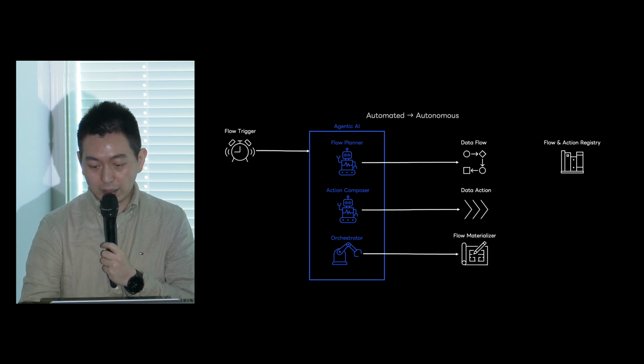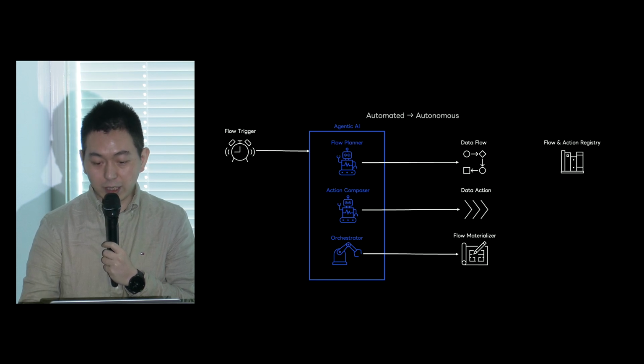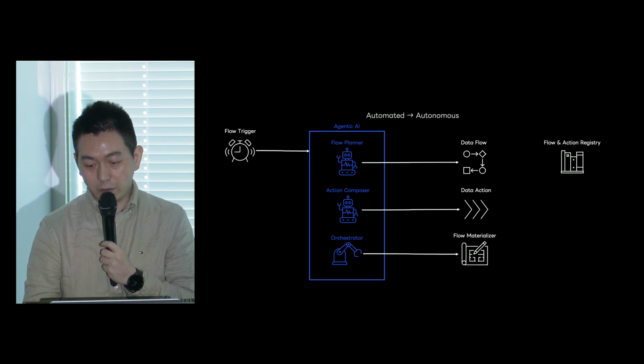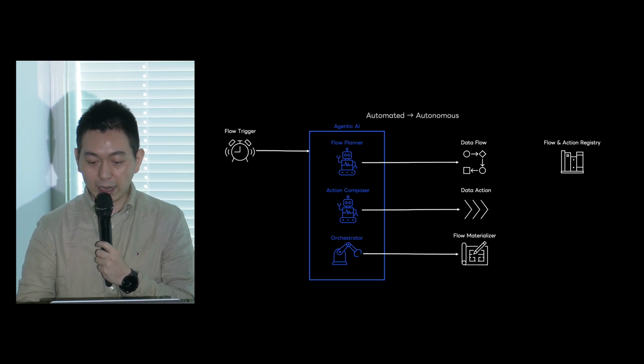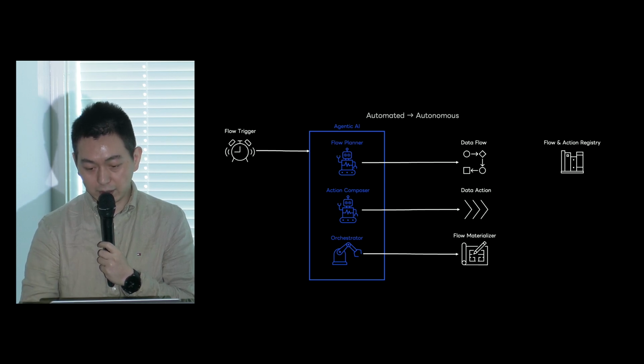If a data flow needs to be created or updated, the Flow Planner agent is instructed to search the registry for reusable data flows or data actions. If no suitable data action is found, the Action Composer agent is instructed to create and register a new data action.